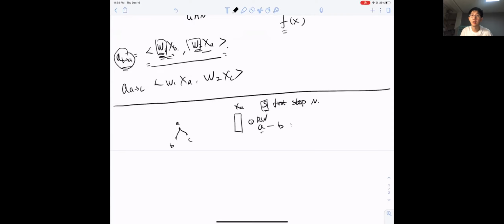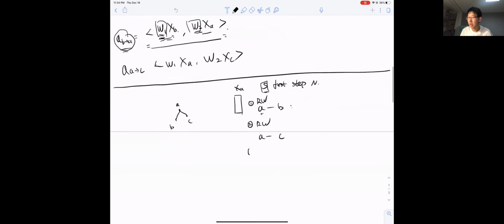In the second random walk, he selects A to C. Maybe in the third random walk, he also selects A to B. It's okay, in this kind of method, he allows selecting one neighborhood multiple times.